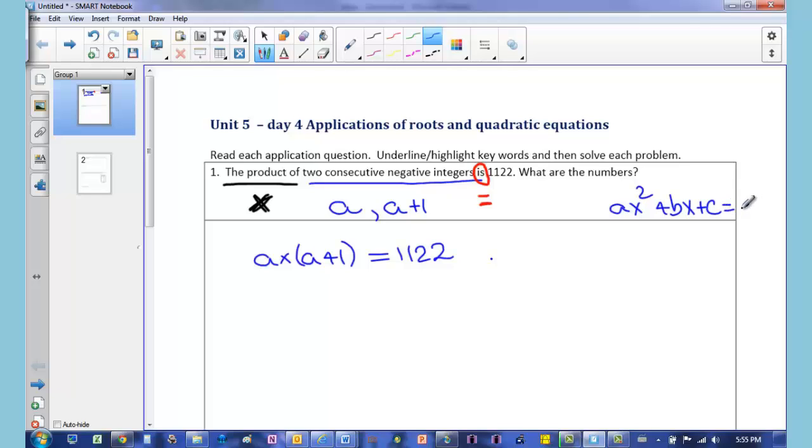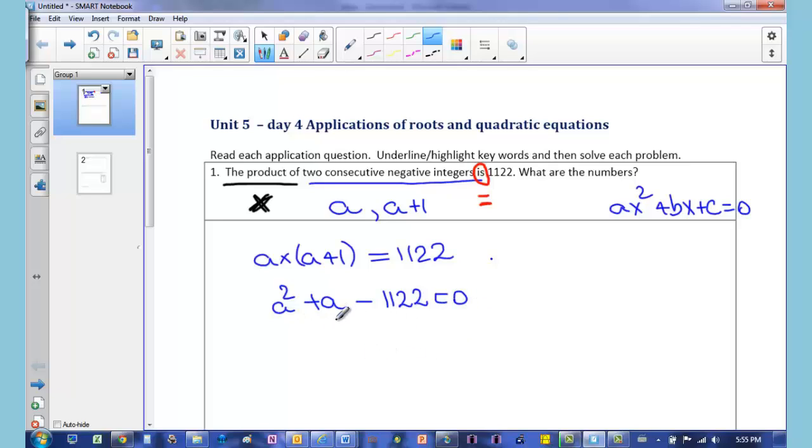If you remember a couple of lessons ago when we went through the different cases of quadratic equations, we can determine how to solve them once we rearrange into standard form. So that means we have to simplify. A times a gives us a squared plus a. And I'll subtract 1122 on both sides to achieve a 0 on the right-hand side.